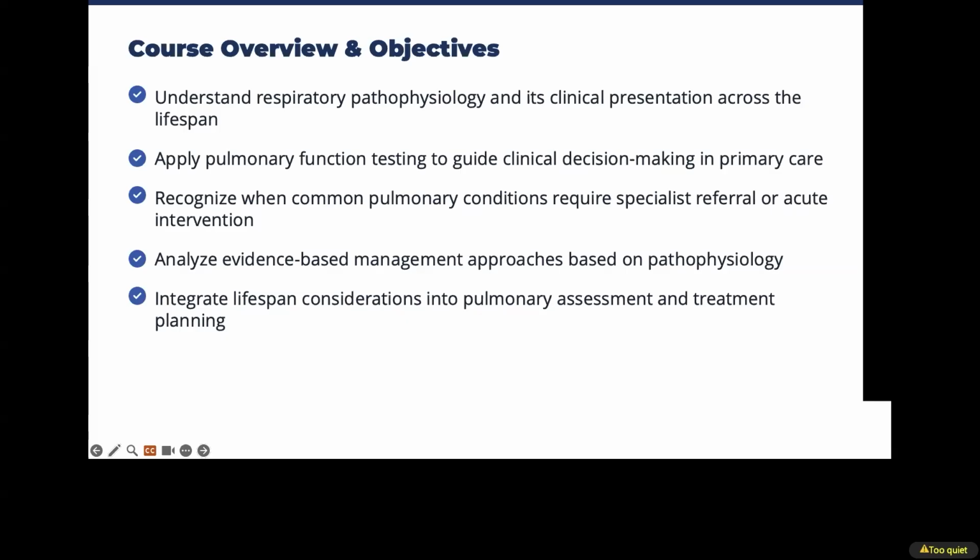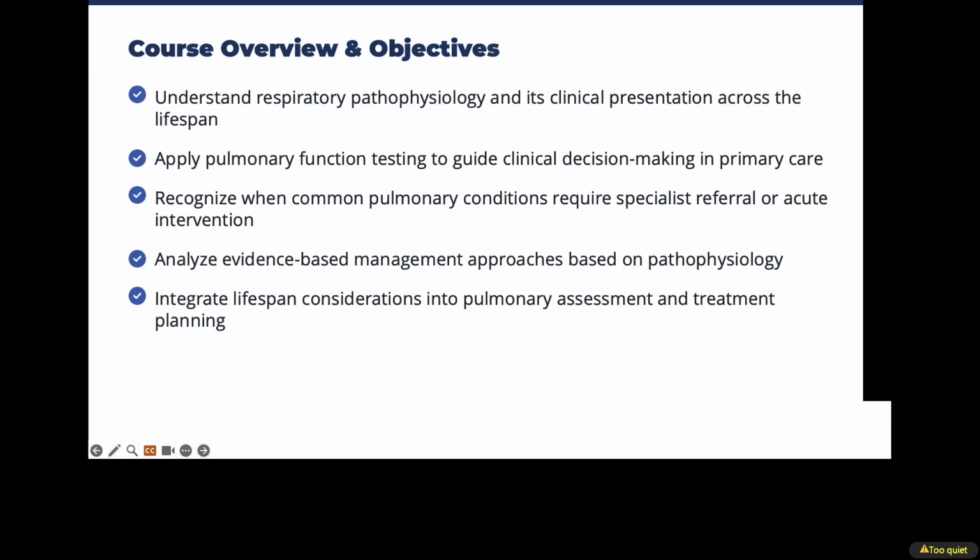And I'm also going to discuss with you how age, pregnancy, chronic insult affects overall pulmonary physiology. So we're also going to apply pulmonary function testing to guide clinical decision-making in primary care primarily. And we'll talk about pulmonary function test as more than just a number printed on a chart. It's supposed to tell you obstruction, restriction, or impaired gas exchange.